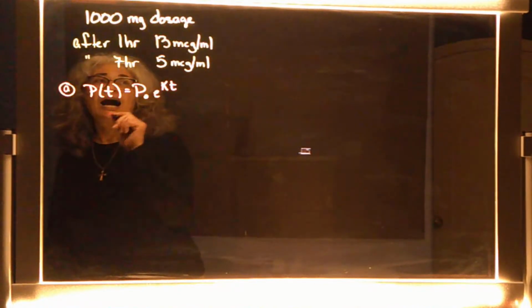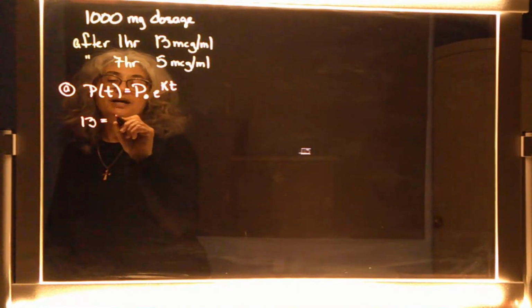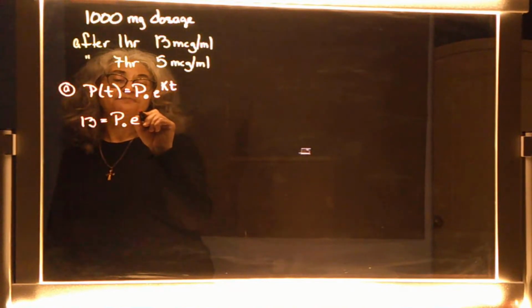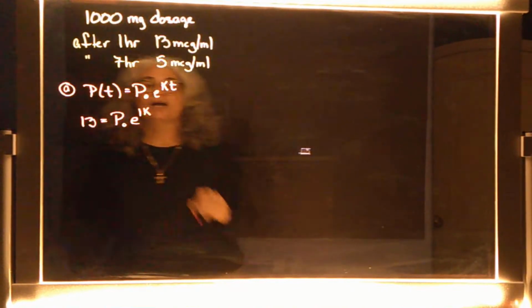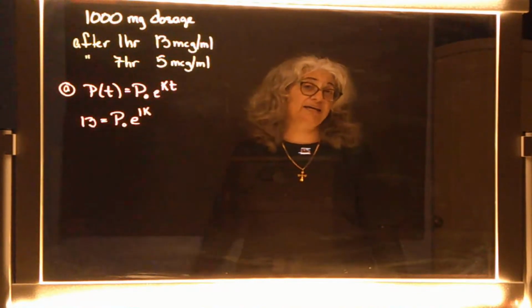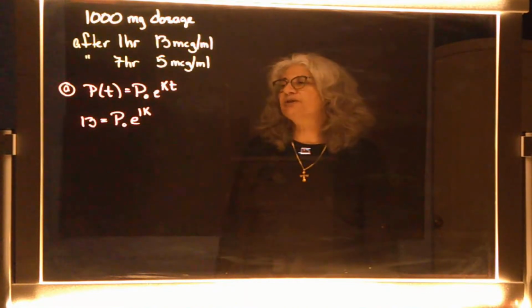I do know that the ending is 13 micrograms per milliliter after 1 hour. I don't know the initial amount. I basically have two variables here: P sub 0 and K in this equation. I need to solve for K, and I need P sub 0.